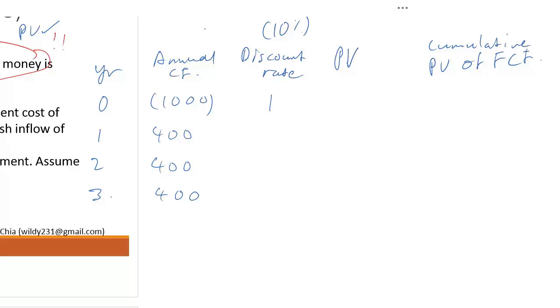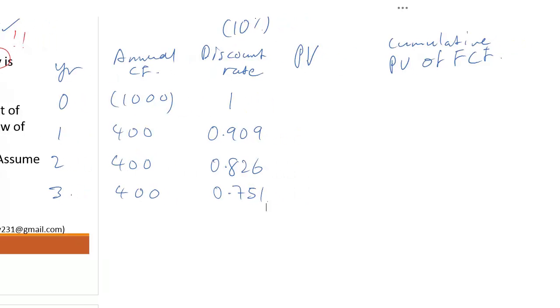Now if you refer to a discount table, at 10% period 1, the discount factor would be 0.909. Period 2 would be 0.826. Year 3 at 10% would be 0.751. You need to refer to the discount table to know these numbers.